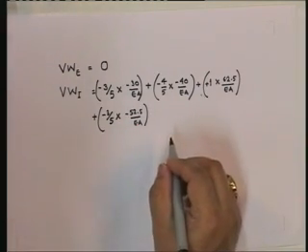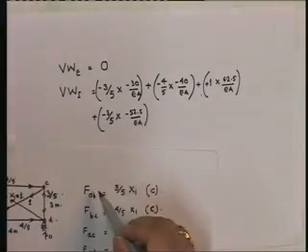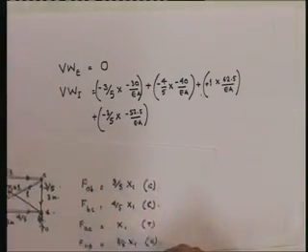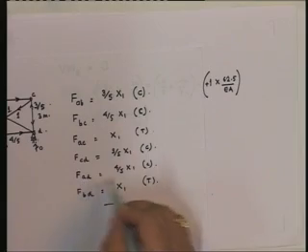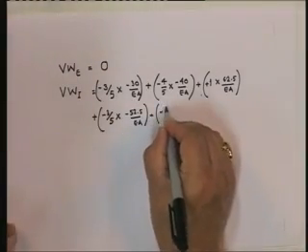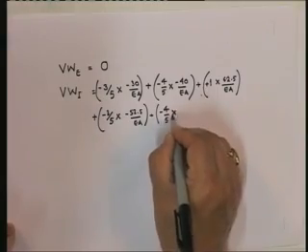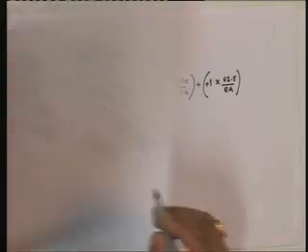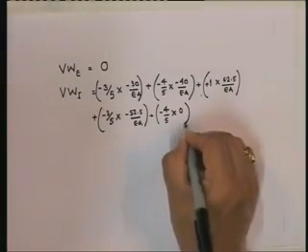Then, I have done AB, BC, AC, CD. So now I need to go to AD. What is it? The virtual force is minus 4 by 5. What is the real deformation? 0. So multiplied by 0.